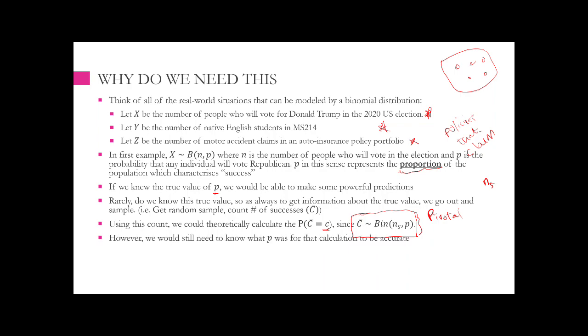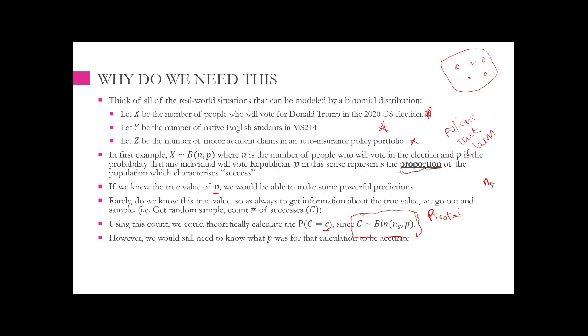So in order for us to calculate the probability of seeing C bar equal to our observation of the number of people that have our successful characteristic, we would still need to know what P was for that calculation to be accurate.